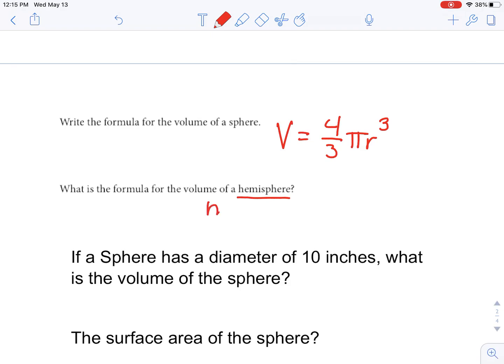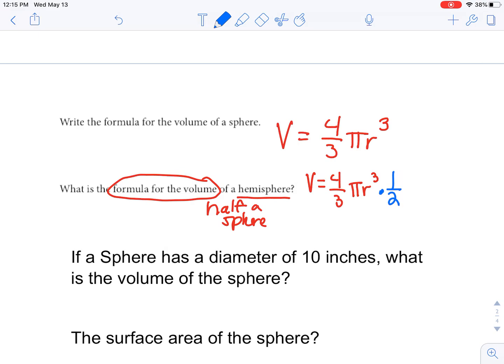Now, oftentimes, as we saw in the last lesson, we also have to be able to look at a hemisphere. And a hemisphere, remember, is just half of a sphere. So if I wanted you to write a formula for the volume of a hemisphere, I could take my formula for the volume of a sphere, 4/3 pi r cubed, and I could take half of that. So in other words, multiply by 1/2.